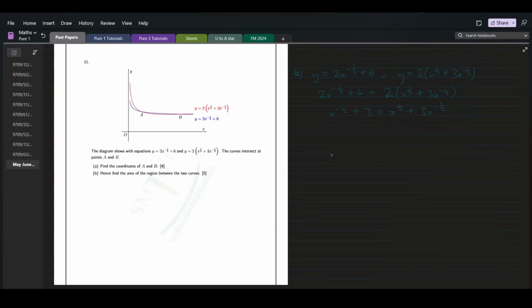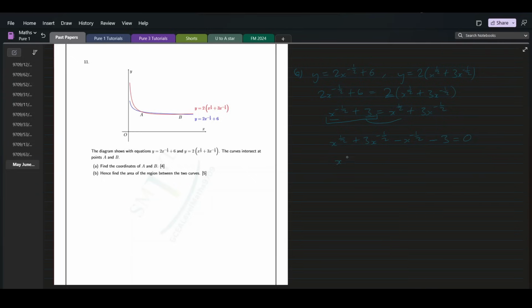Now let's put everything on one side: x to the half plus 3x to the negative half, minus x to the negative half, minus 3, is equal to 0.